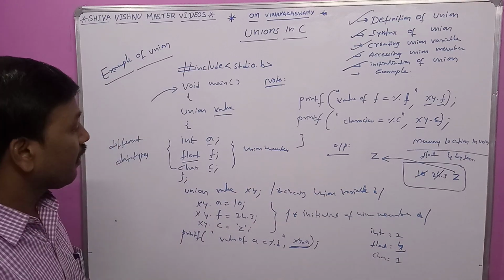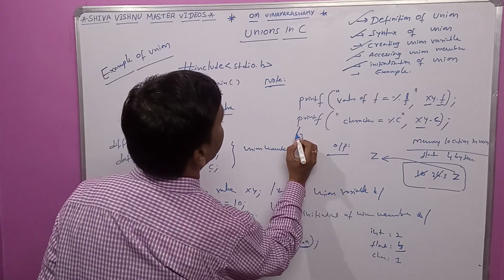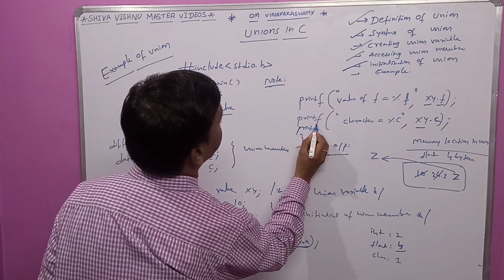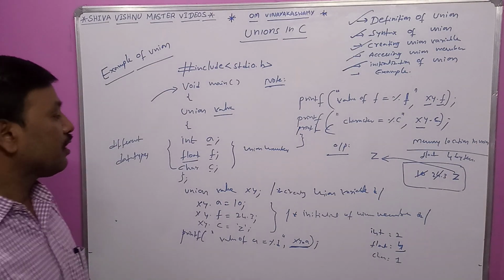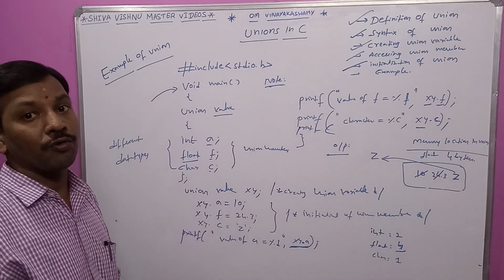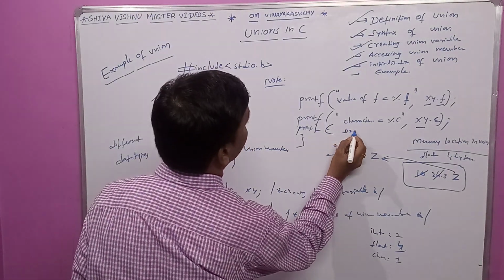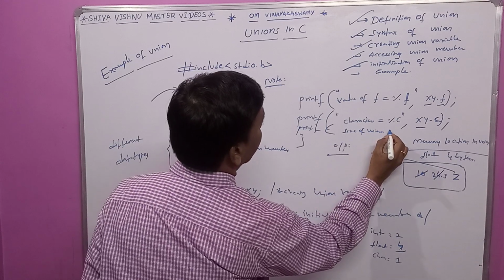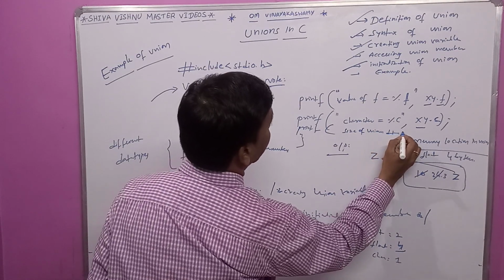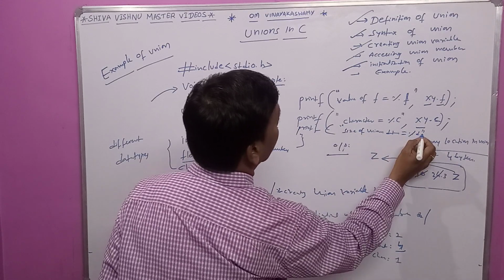Here you can see I will write another printf statement. Here you can see I want the size of the union. I want the size of a union. You write here sizeof, union data type equal %d within quotes, comma.